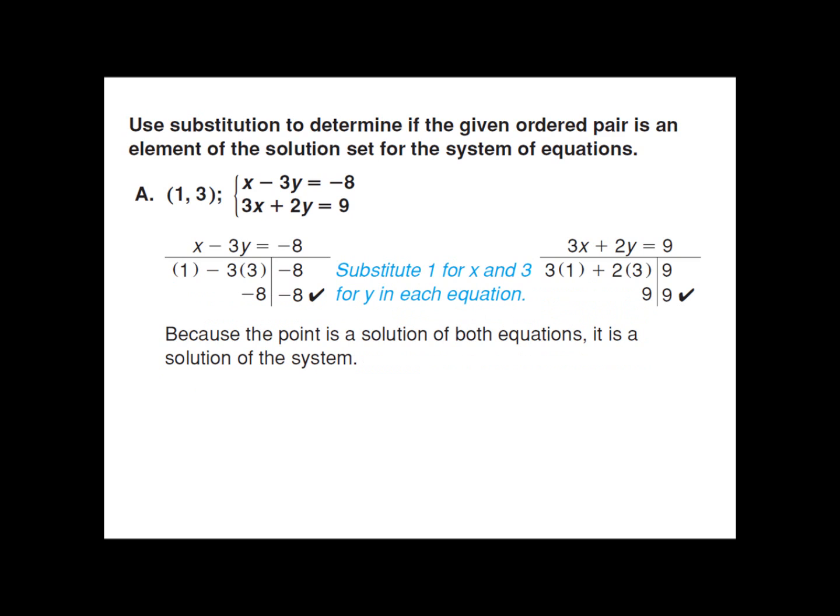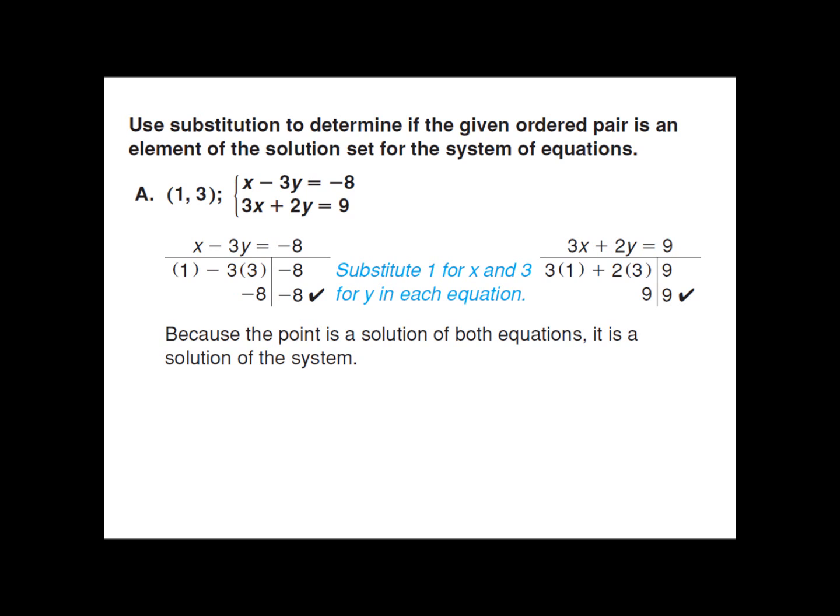So, if I substitute in 1 comma 3, that is, I'm plugging 1 in for x, 3 in for y, I get a true statement for both equations. I get negative 8 equals 8 for the first equation. Plugging in 1 for x, 3 for y in the second equation, I get 9 on both sides. So I get a true statement for each equation.